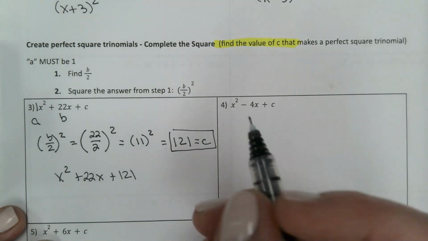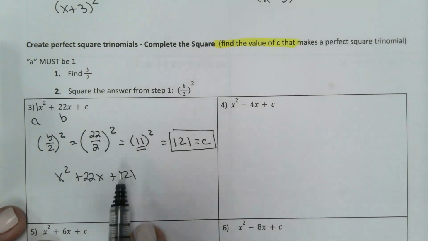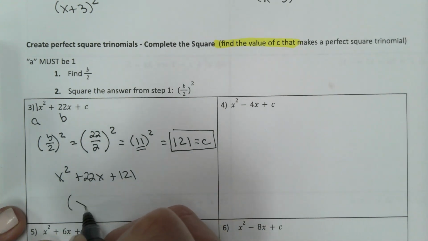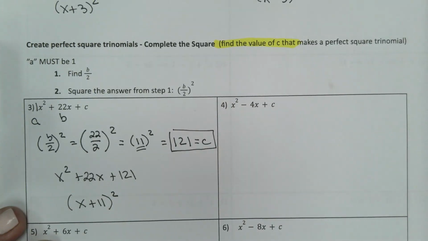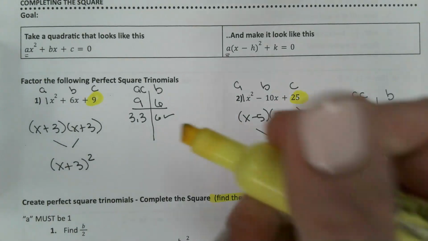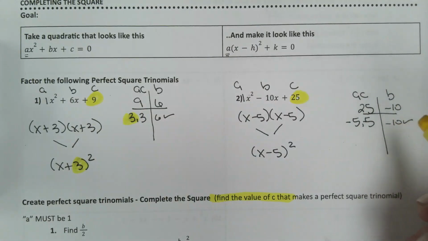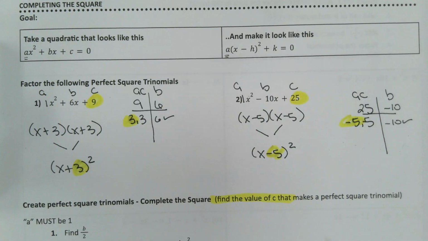As we're going to come to find out, whatever that number is right here, that's what ends up showing up in the parentheses. So this will factor as x plus 11 squared. If you look back here, that number ended up there. That number ended up there.